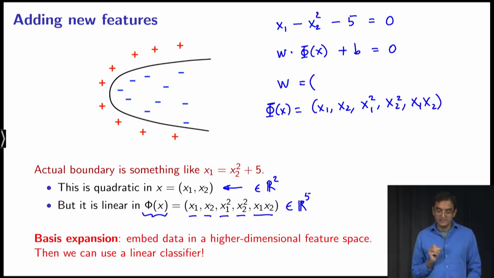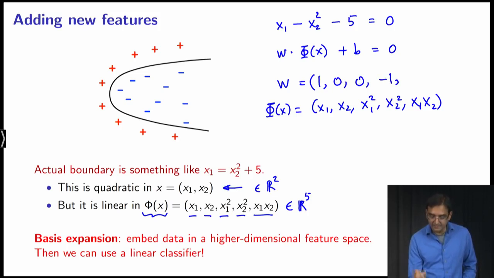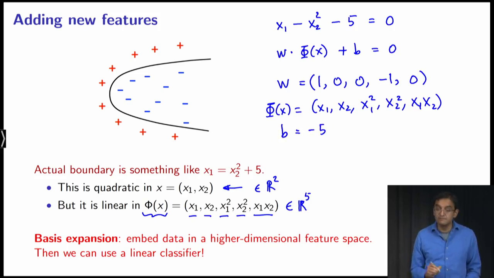In the w vector, we need an x1. The boundary doesn't have any x2. It doesn't have any x1 squared. It has a minus x2 squared, and it doesn't have any x1 x2. And the offset b is -5.